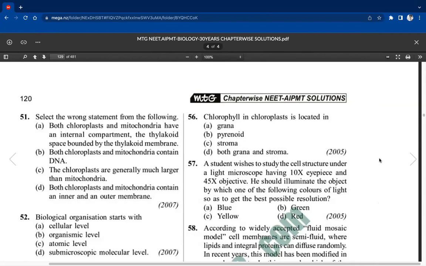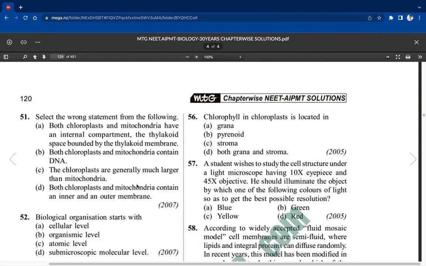C. The right answer is option A. Aisha, when you're reading the options, see, our brain is wired biologically. We are always trained in school, colleges, in life to find the right option. Entrance exams use the same training of our mind against us. It is asking to select the wrong statement from the following.